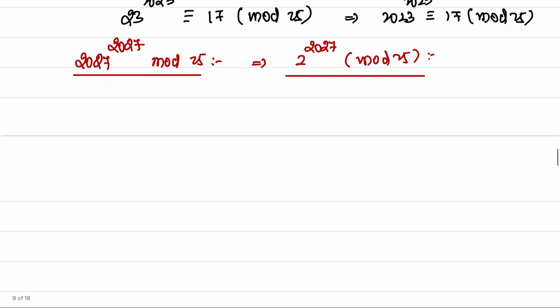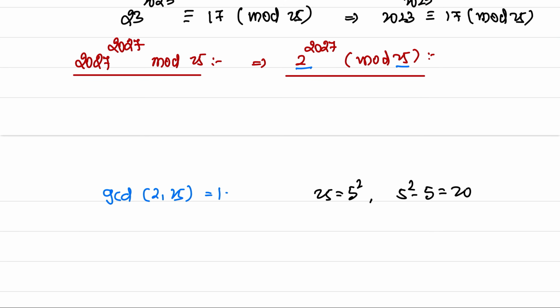Here, the GCD of 2 and 25 is equal to 1. Using the same Euler theorem, 25 is equal to 5 square, and 5 square minus 5 is equal to 20.